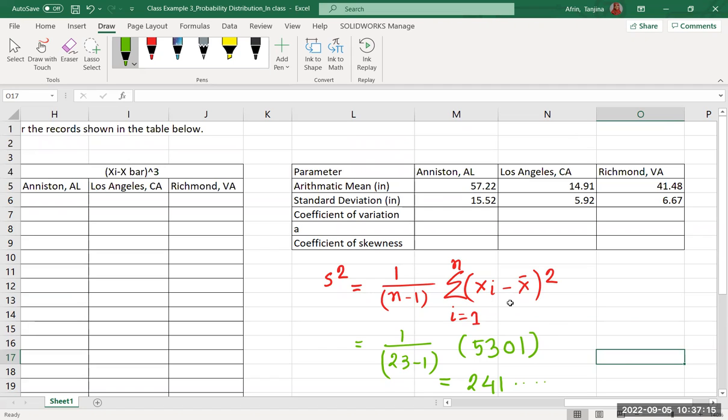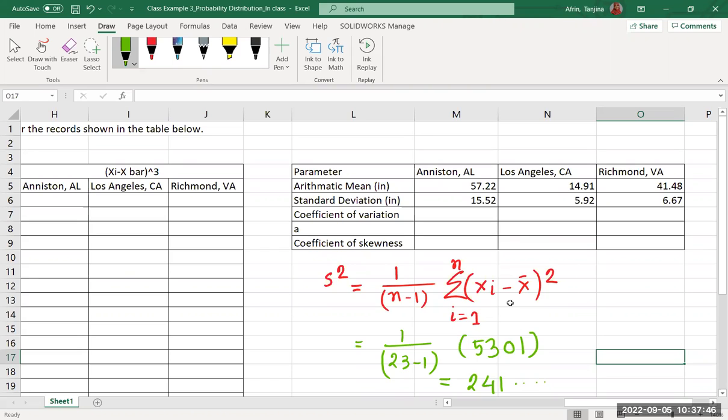Now, those are done with the standard deviation. Can you start working on the last one? Coefficient of variation. If you are not done with this one, I can help you if you have any problem. How many of you are done with the standard deviation? 1, 2, 3, 4, okay, 5.